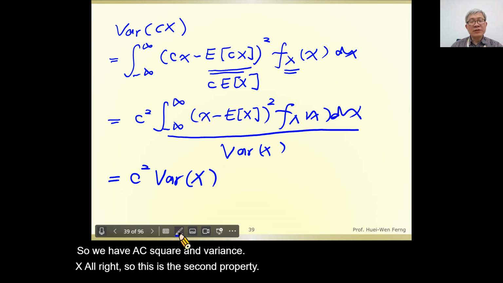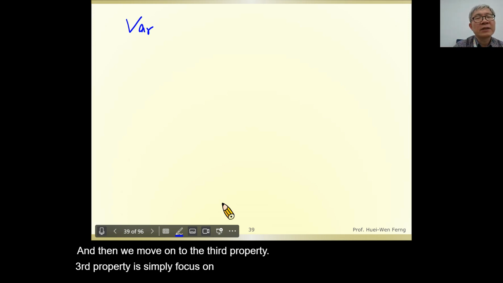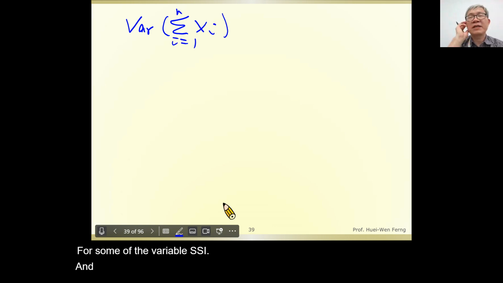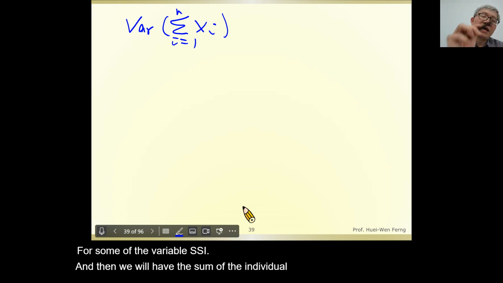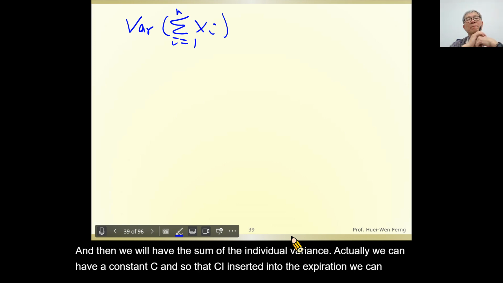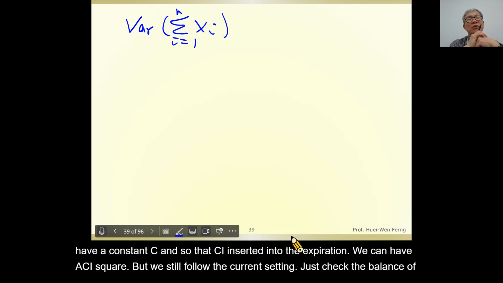And let me move on to the third property. The third property simply focuses on the variance for the sum of variables Xi, and then we will have the sum of the individual variances. Actually, we can have a constant ci inserted into the expression, and we would have ci squared. But we still follow the current setting, just checking the variance of the sum of the individual random variables.